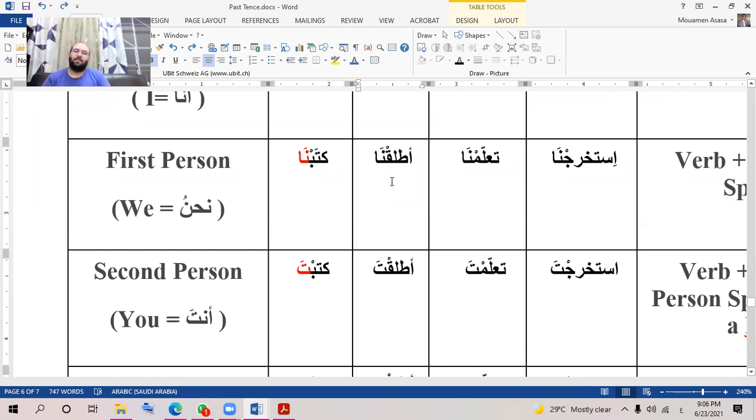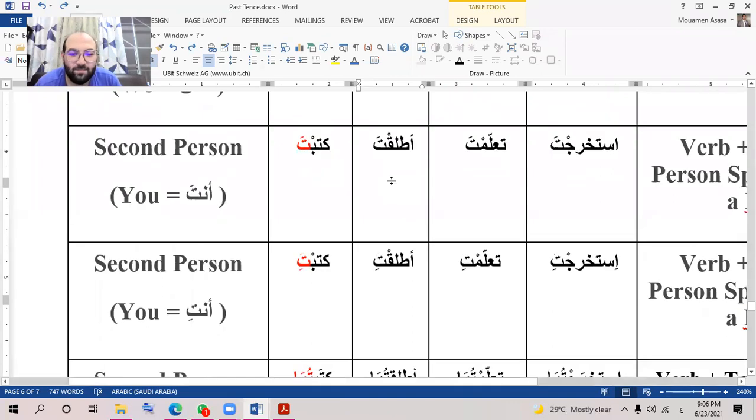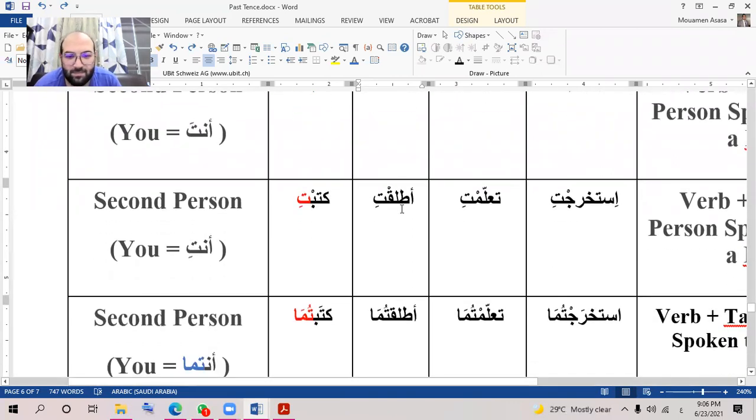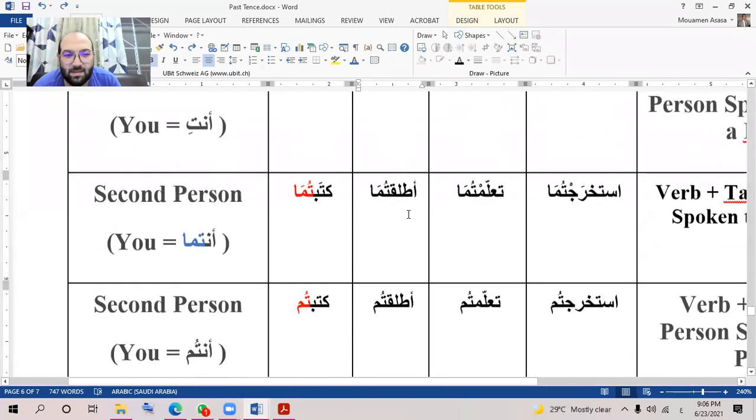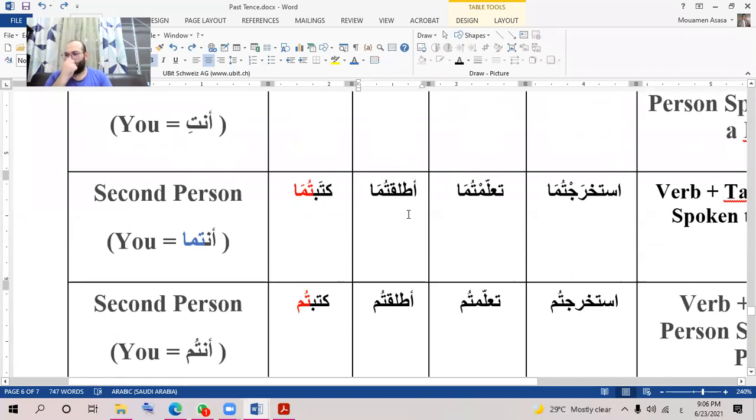Anta atlaqta. Anti atlaqti. Antuma atlaqtuma. Antum atlaqtum. You know the meaning of atlaqa? What is the meaning of the verb? When I have a gun and I shoot, that means atlaqtu al-rasas.